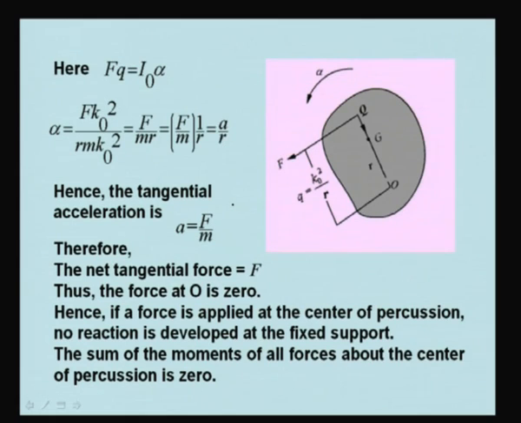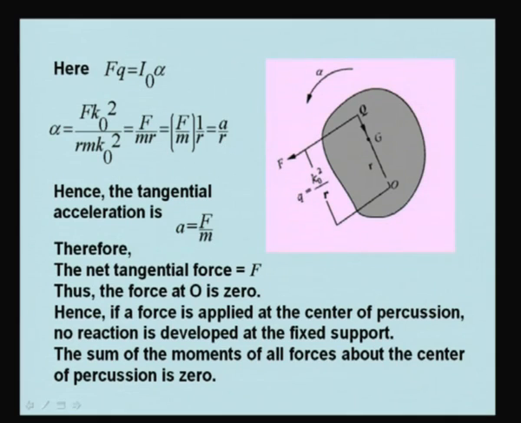Since the net tangential force is F, and we have already applied the force F here passing through this point Q, hence the force applied by the pin must be 0. Therefore we conclude that if a tangential force is applied at the center of percussion, then no tangential reaction is developed at the fixed support.